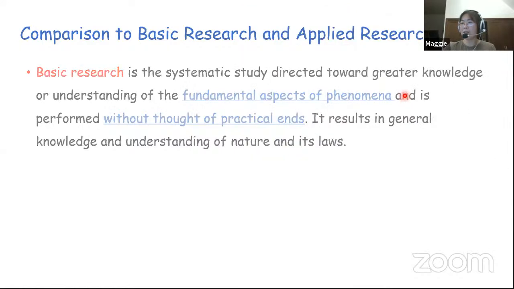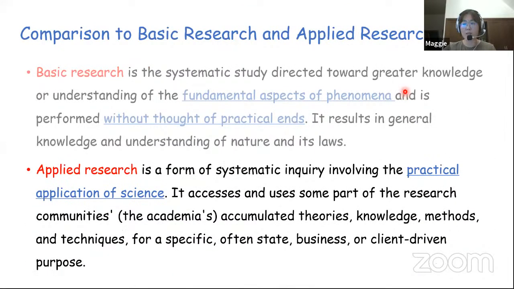On the other hand, there is applied research. Compared to basic research, applied research is a form of systematic inquiry involving the practical application of science. In other words, this kind of study needs to be put into practical use in the future.